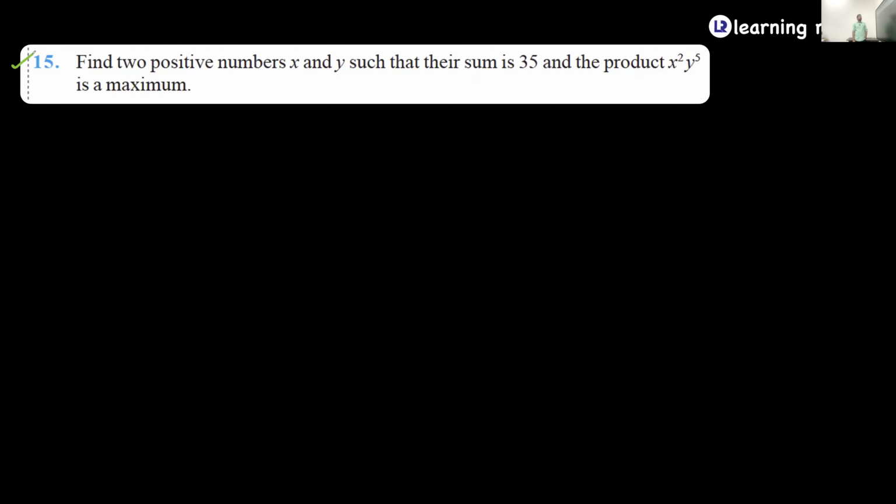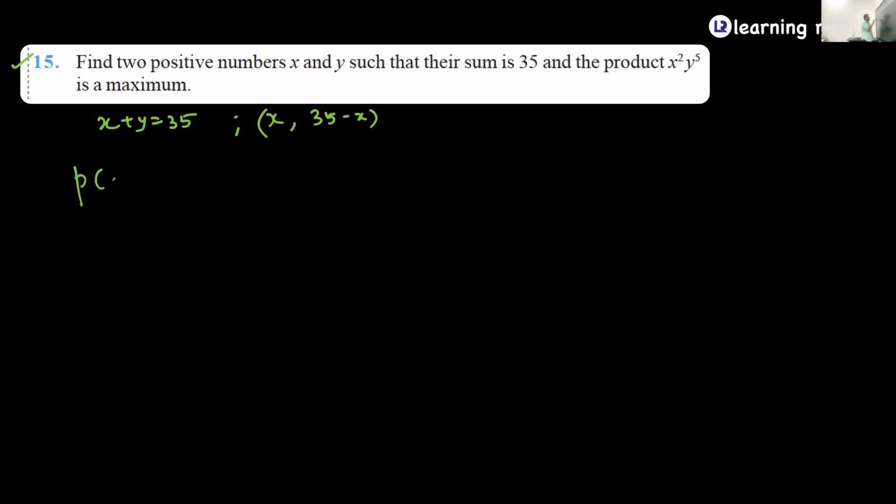Find two positive numbers, x and y, such that their sum is 35 and the product x square into y power 5 is maximum. Similar problem, right? X plus y is 35. So the numbers will be x comma 35 minus x. This is going to be the ordered pair, right?